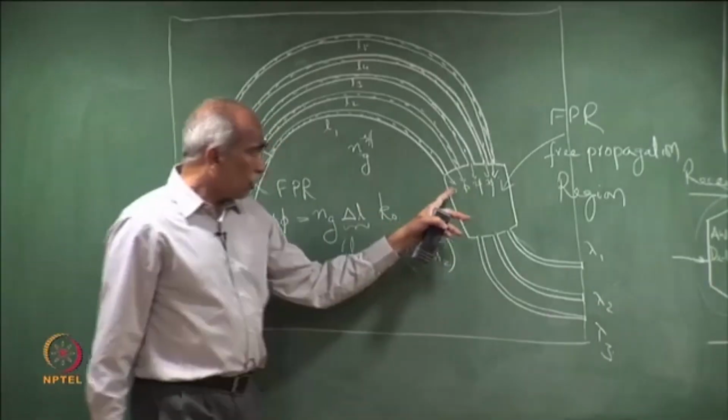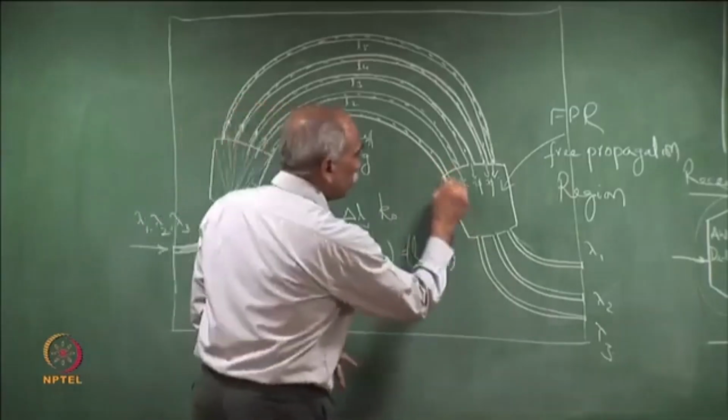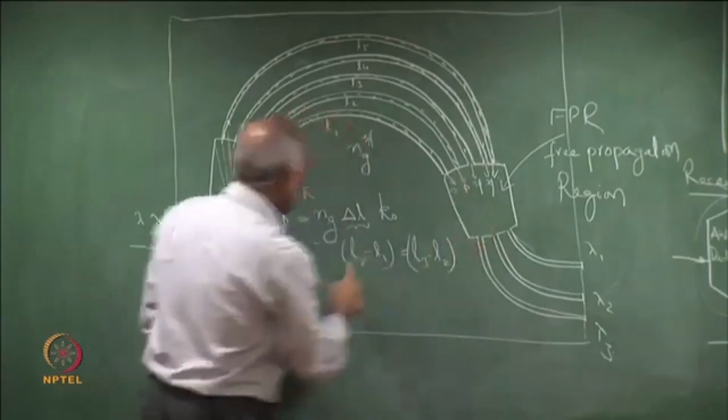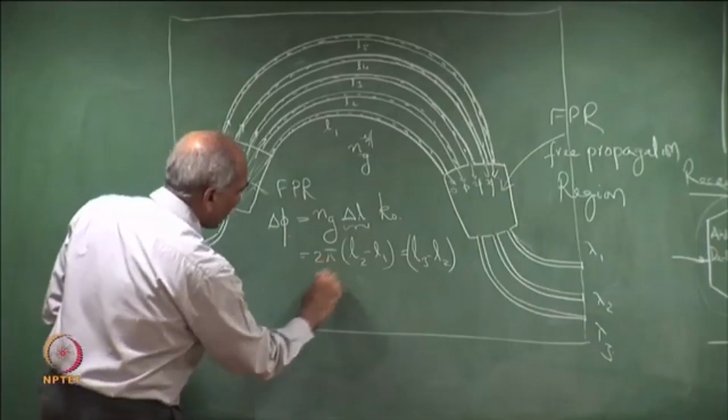So, depending on the phase difference phi, the output could vary. So this is del phi is equal to k naught, which is equal to 2 pi by lambda.